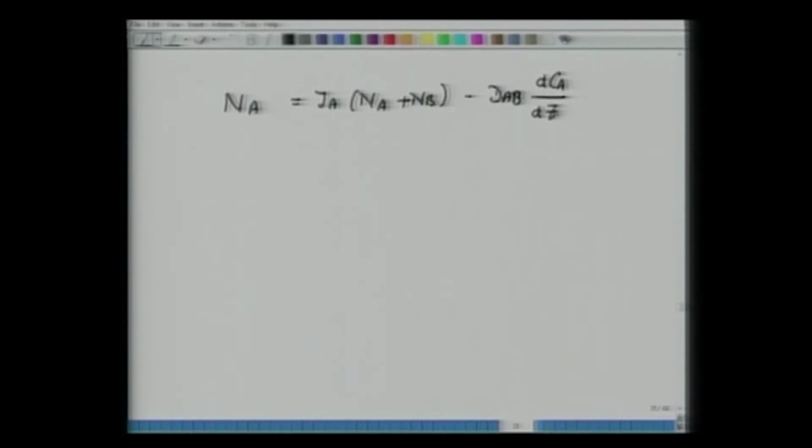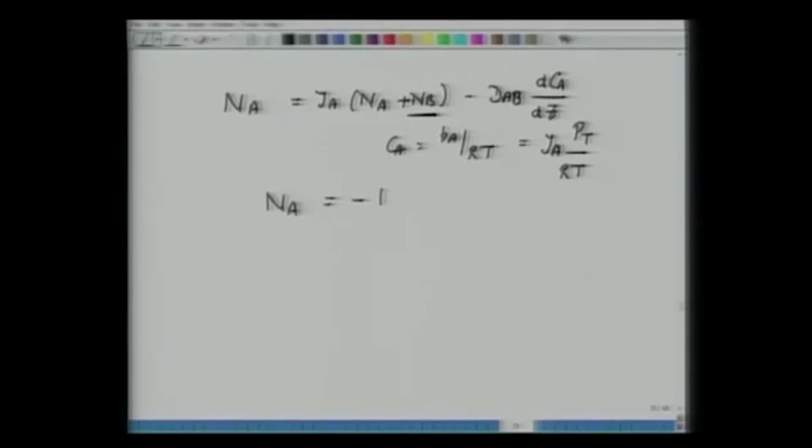Since it's a gaseous mixture, it's not a bad idea to convert C_A into partial pressure, P_A over RT, and we can also write this with the mole fraction, y_A times total pressure over RT. Now we are trying to solve for N_A, and we have one more unknown, N_B. In the previous example, we had stagnant B, so we could substitute N_B equal to 0. Here we have N_A diffusing in one direction and N_B diffusing in the opposite direction, so both are unknowns.